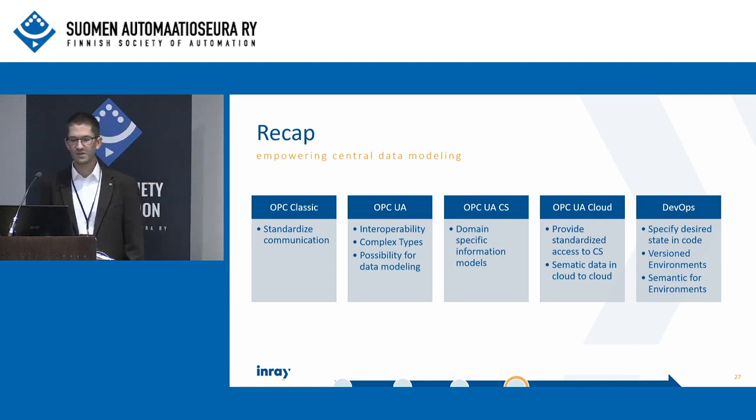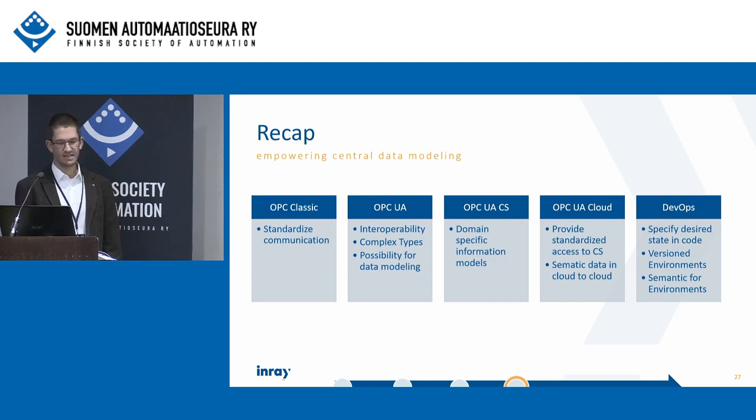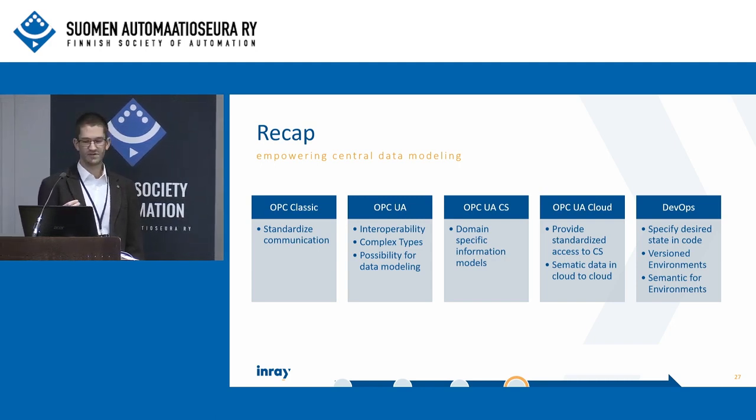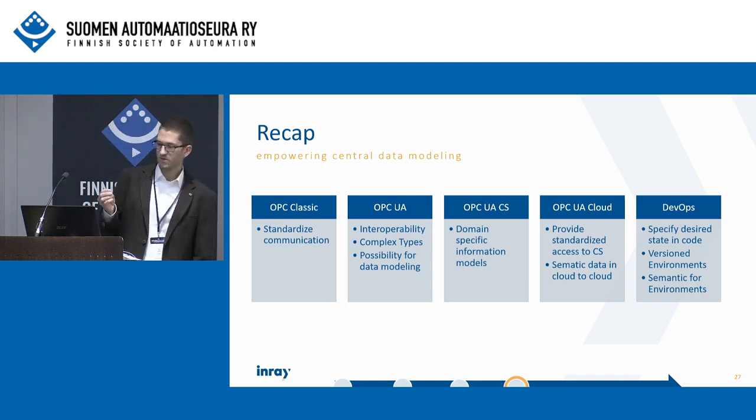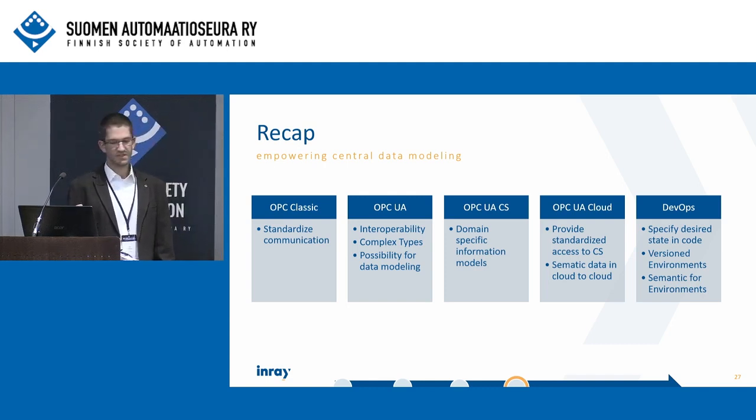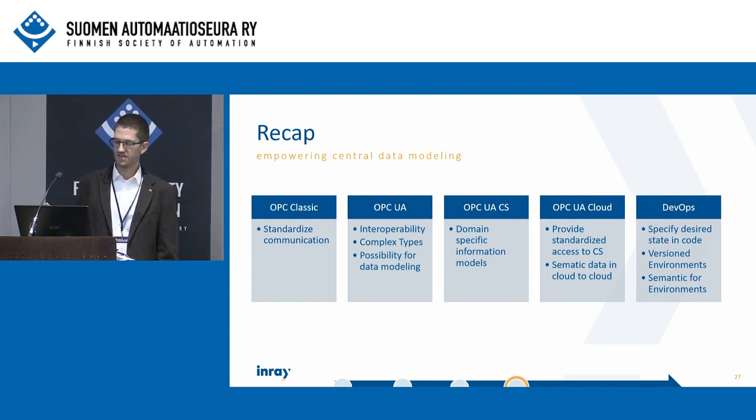And then the OPC UA Cloud, which provides us standardized access to these companion specifications and the possibility for semantic data in cloud-to-cloud communication. And DevOps, my private wish is to have the possibility to specify the desired state in code for versioned environments, which then leads us to the semantics for environments.